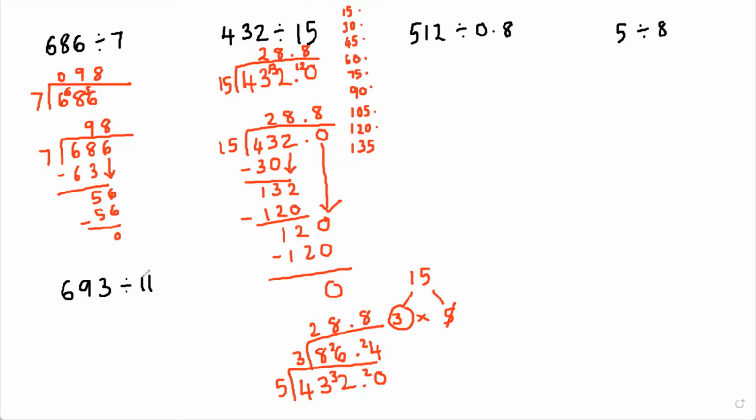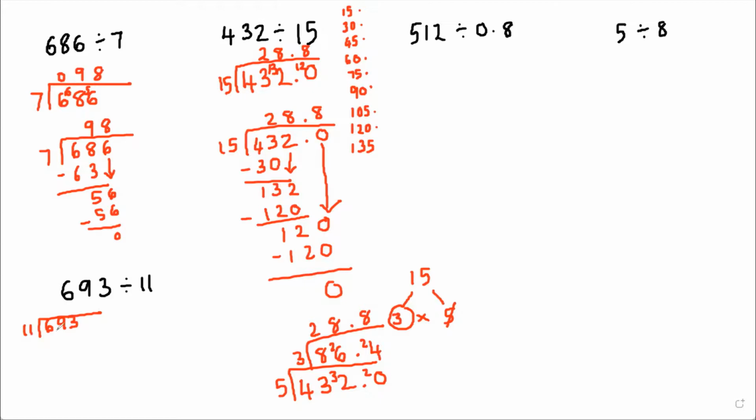Now, when dividing by 11, 11 is a prime number, so you can't split it into factors. You would have to divide by 11. I'm going to demo that now using both short and long division just to reinforce those methods. So we've got 693 divided by 11.